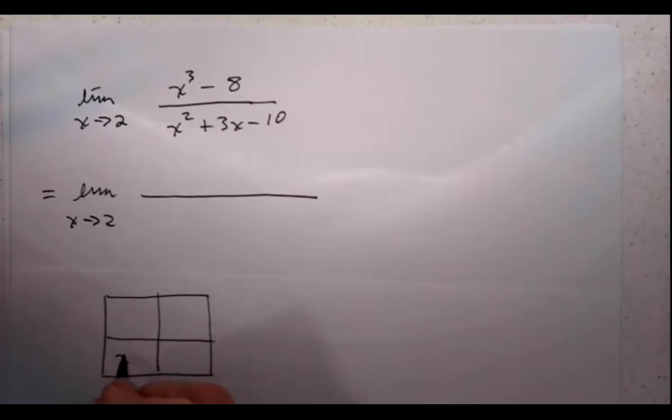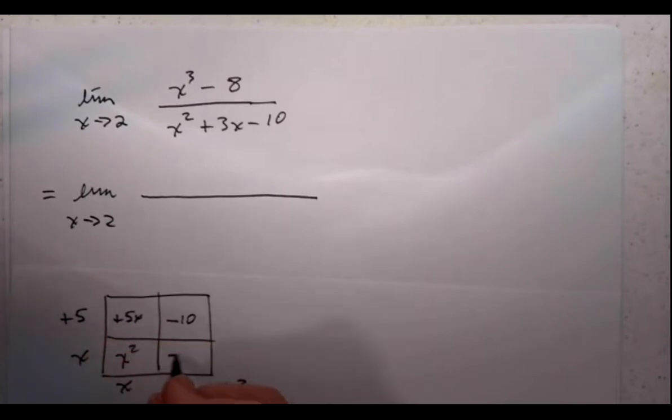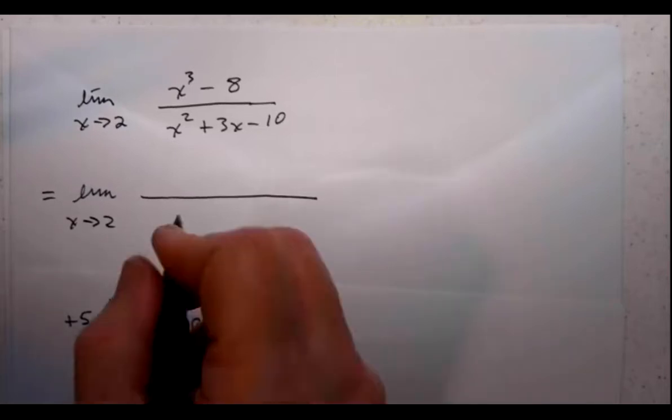X squared here, minus 10 here, plus 3x there. So we get x times x, we get plus 5 times minus 2, plus 5x minus 2x. So the result is x plus 5 times x minus 2. That's on the bottom.